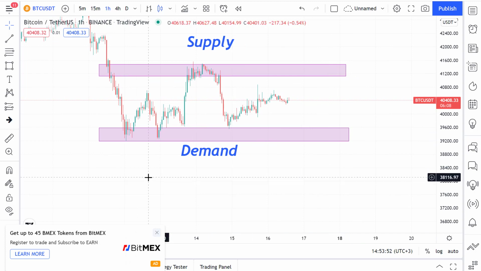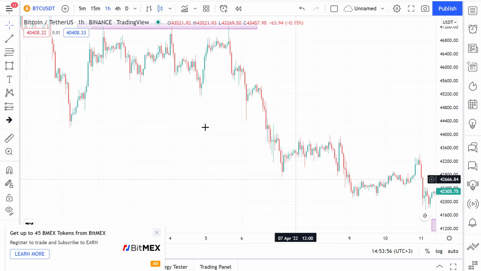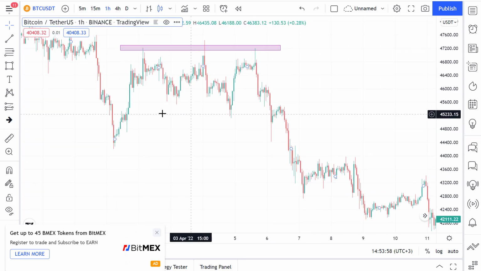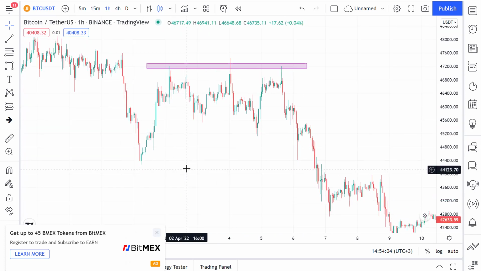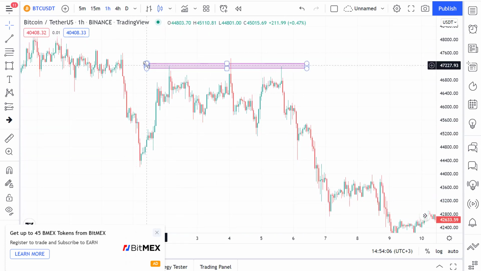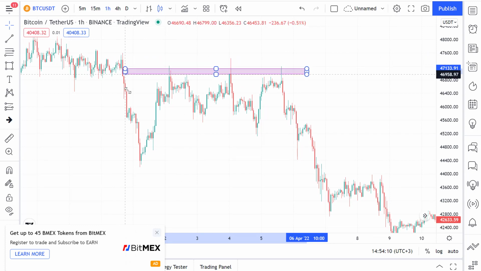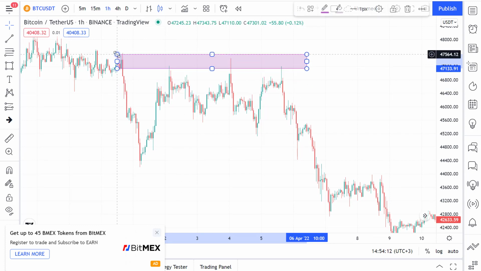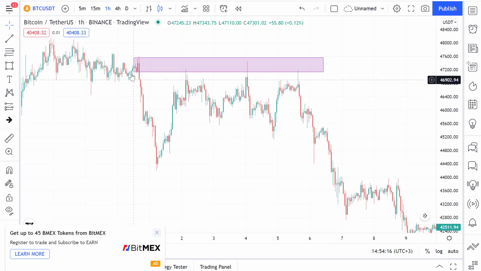You need to have two touches, first, second, and just extend these lines to have more lines for trading in day, or maybe trading for scalping and etc.